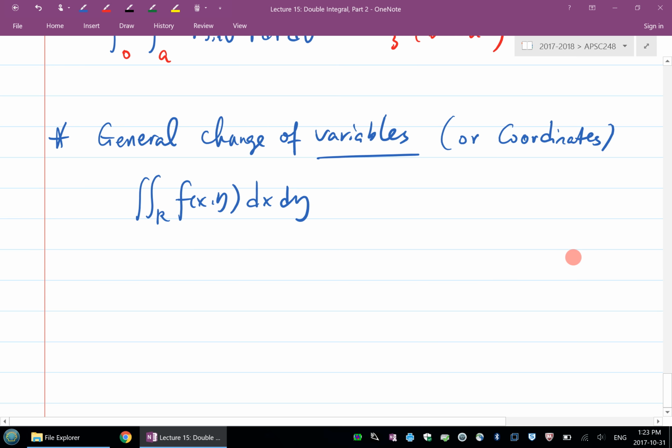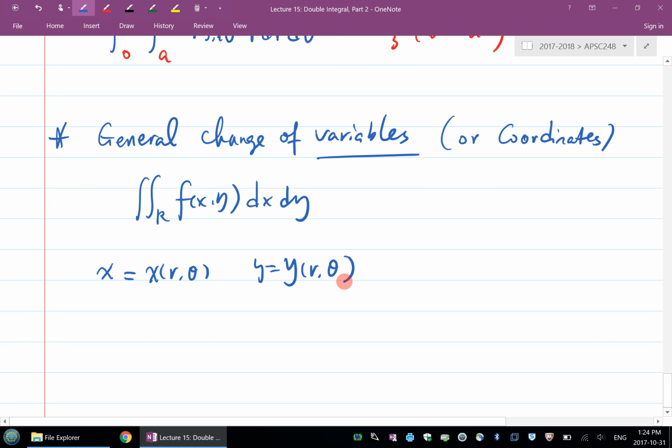General change of variables basically means that instead of using the x, y variables, you use a different set of variables or coordinates. So in polar coordinates, what did you use? You used r, theta, right?